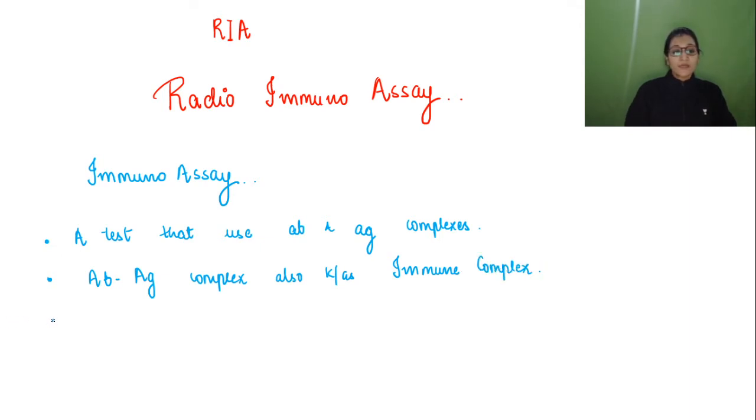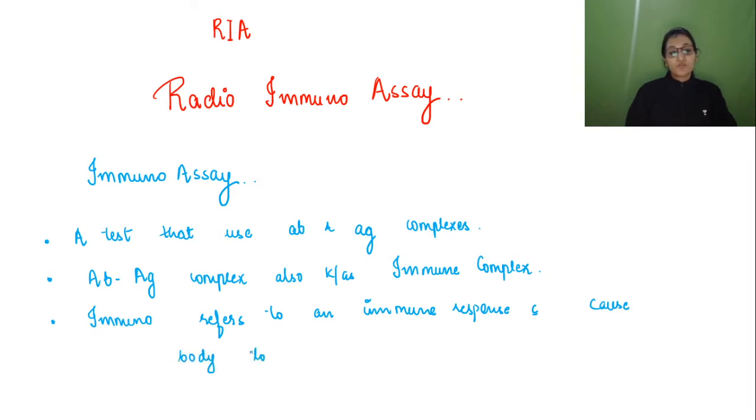Now another word, that is immuno. Immuno refers to an immune response that causes the body to generate antibodies.